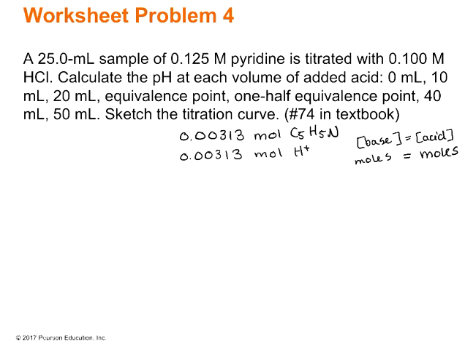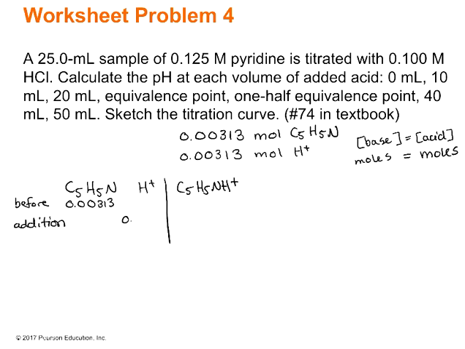Okay, now if that is true, that means if we make our same table that we made before, before addition of acid, we had 0.00313 moles of weak base. Then we added 0.00313 moles of acid.